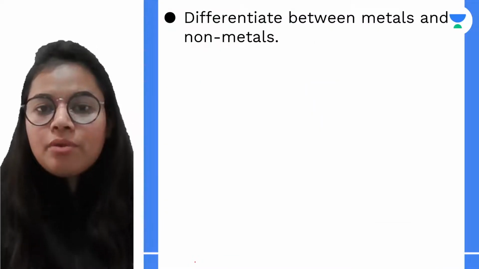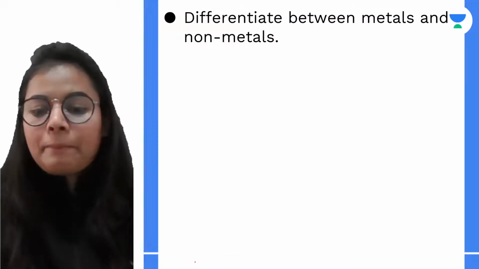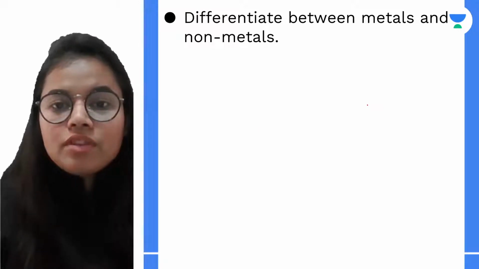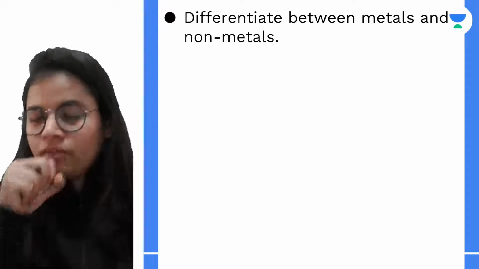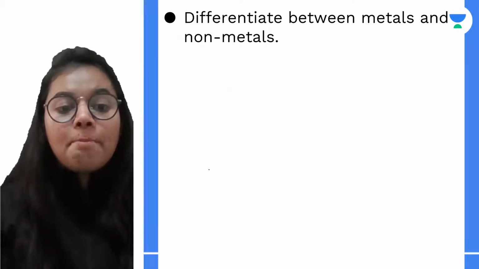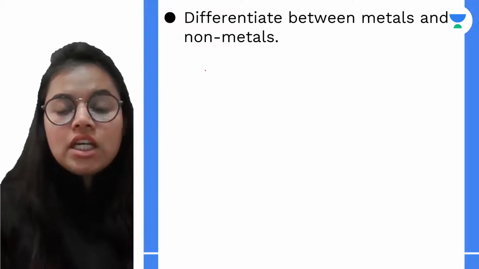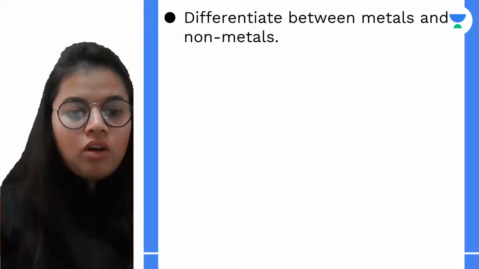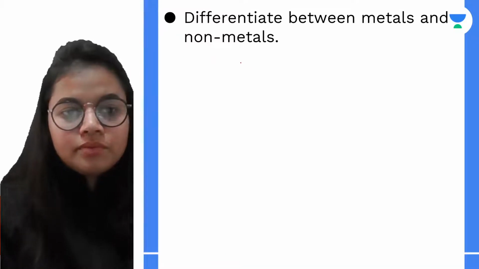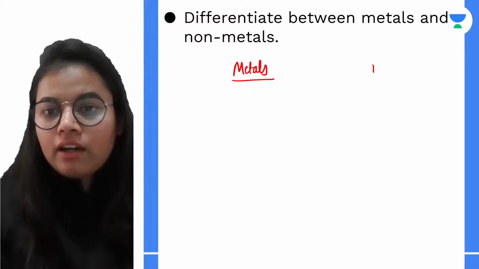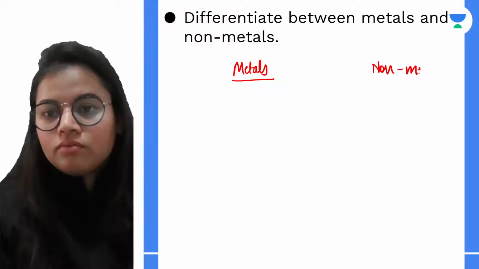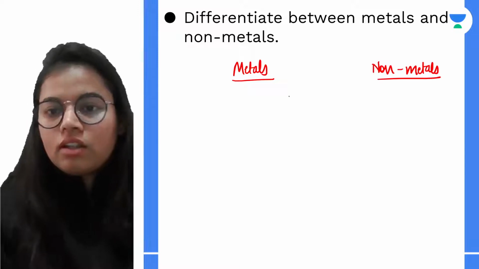Okay, so now we will be moving on to the questions. The very first question is: differentiate between metals and non-metals. So we will keep one column for metals and the other for non-metals.